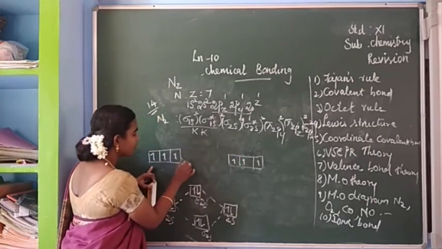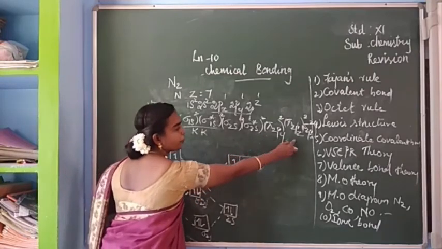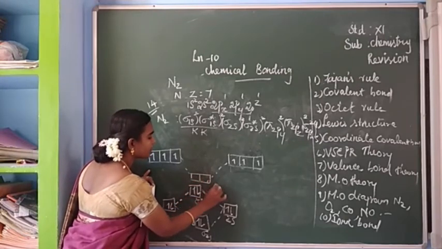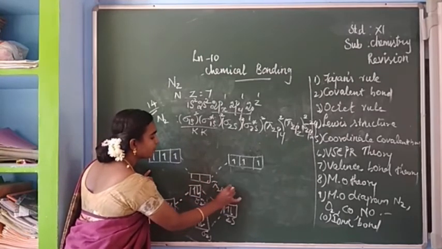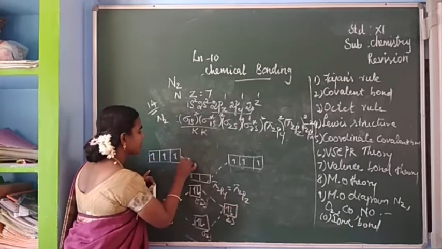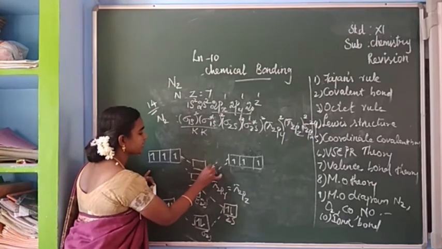Afterwards, when you draw the molecular orbitals, first pi 2py and pi 2pz, which are lower in energy. I have written it like this: pi 2py, which is equal to pi 2pz. The next orbital we have written is sigma 2px.